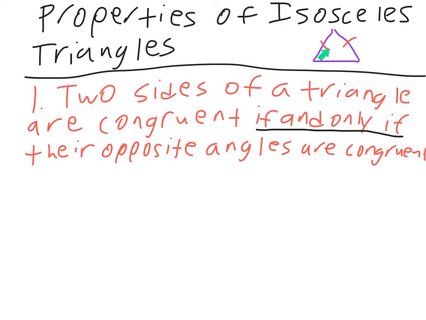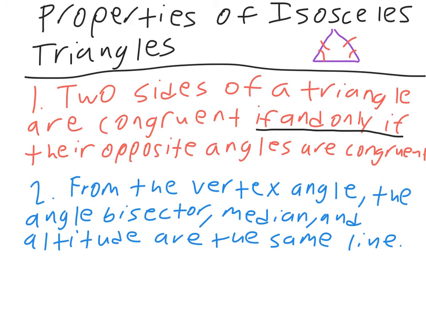So we have this angle right here, so the angle opposite it is right here, and then that angle is congruent to the angle opposite this side right here, which is this one over here. So we now know that this angle is congruent to this angle.